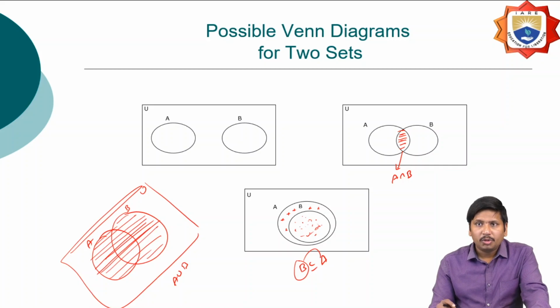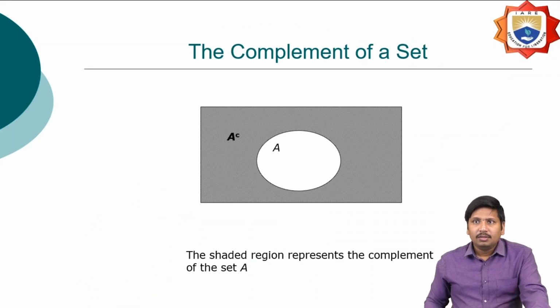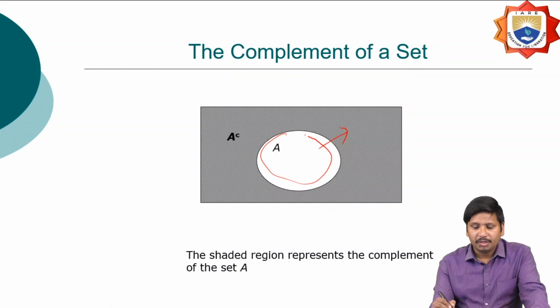Like this we can construct different types of diagrams by making use of the Venn diagram. And the complement of a set means all the elements of set A, and the rest of that is available in A complement.